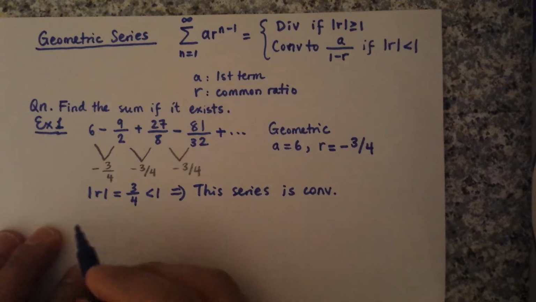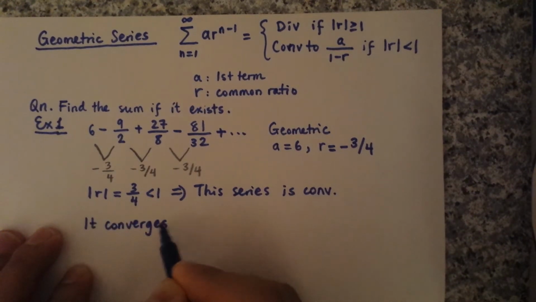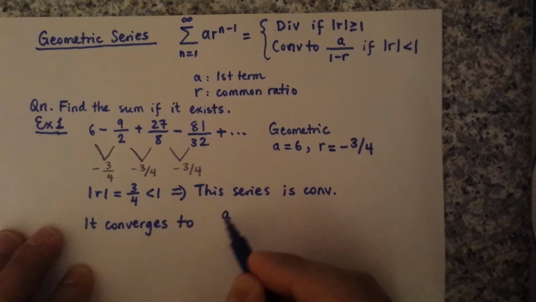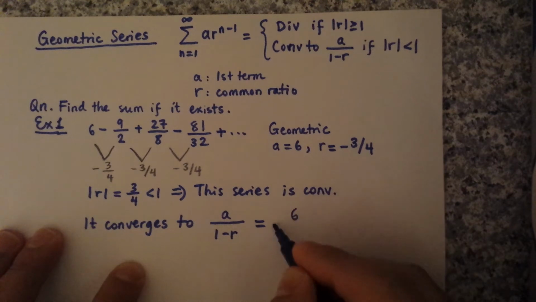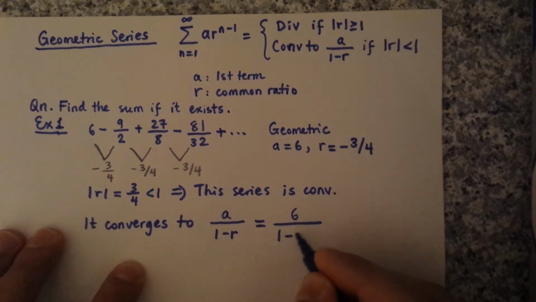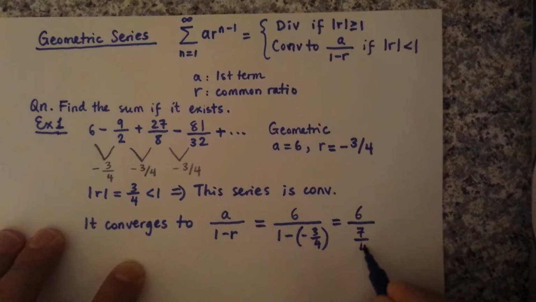So in this case, we can just say it converges to a over 1 minus r, and a, we already know that's 6, and then r is negative 3 over 4, so 1 minus negative 3 over 4. So that will be 6 over 7 over 4.